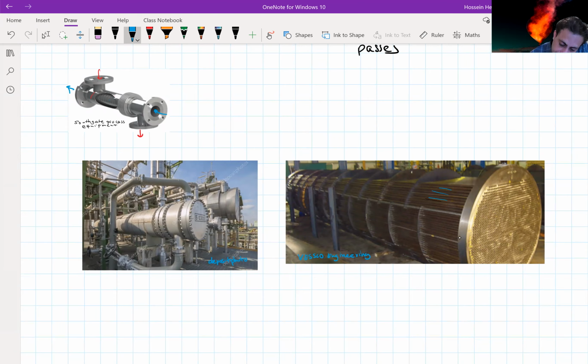If there is a flow crossing these tubes, it goes through these baffles. At the same time, these baffles act as a holder for the tubes, like a stand for this system.